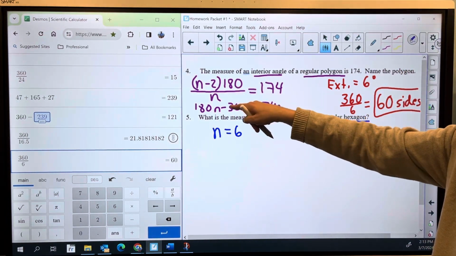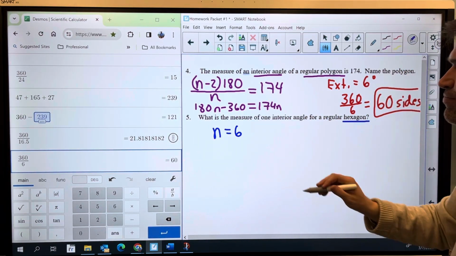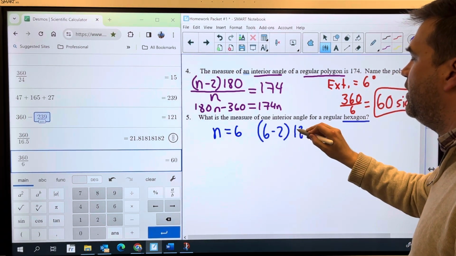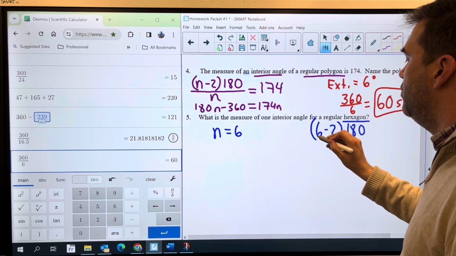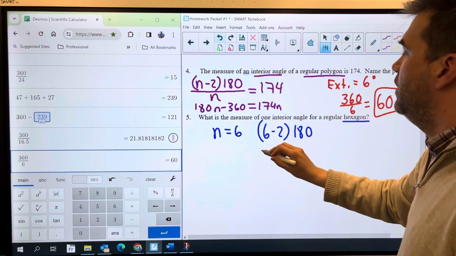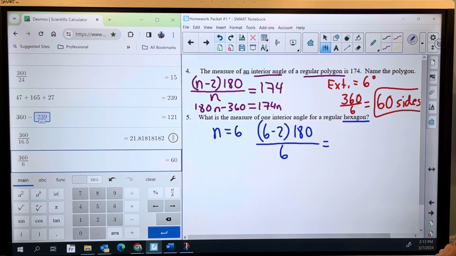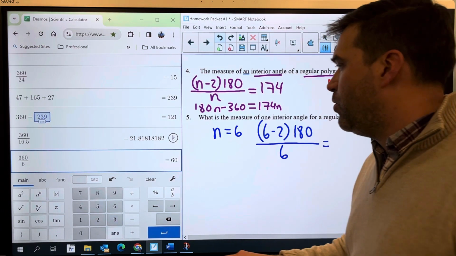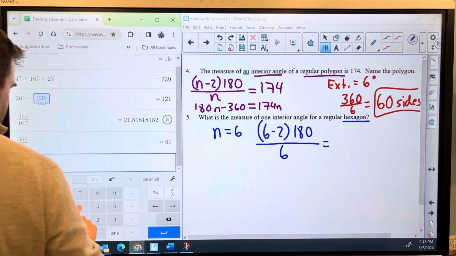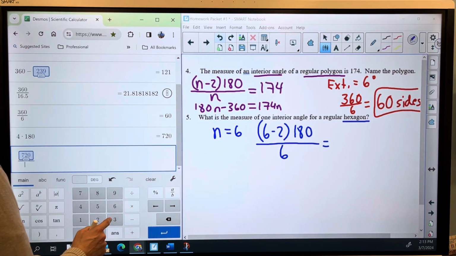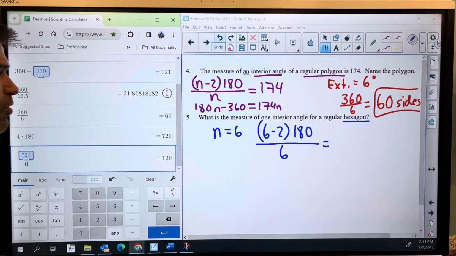And now I'm going to use this formula: 6 minus 2 times 180 divided by 6. And see what that equals. We've got 4 times 180. And then I'm going to take that answer divided by 6 and I end up with 120.